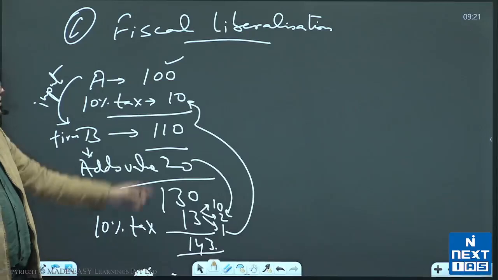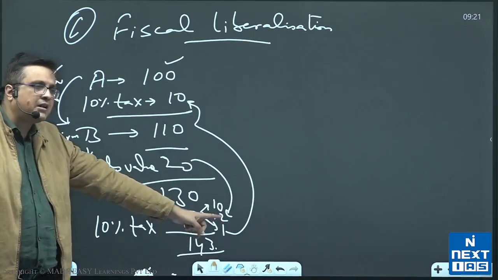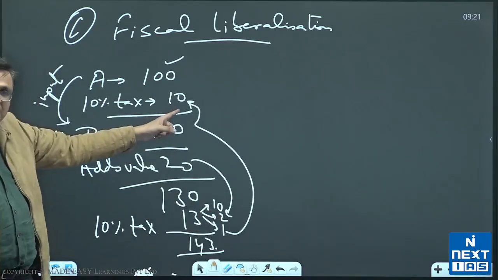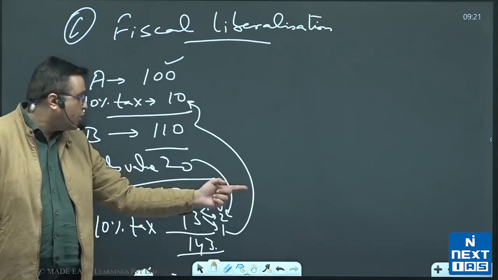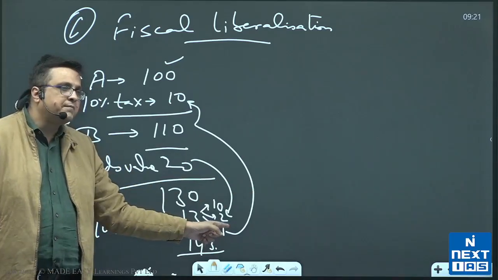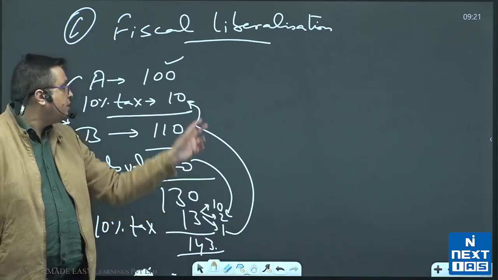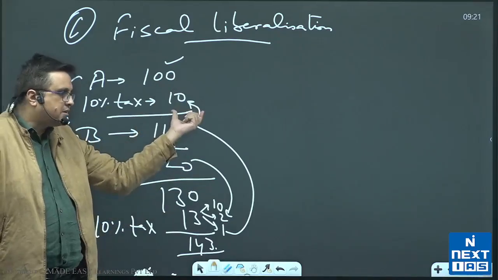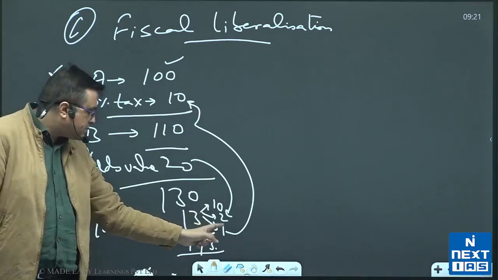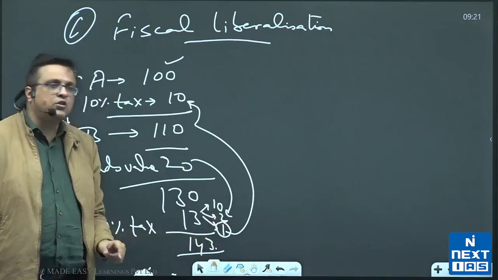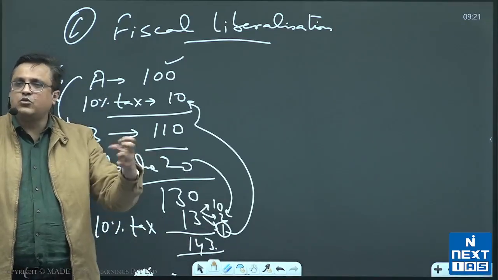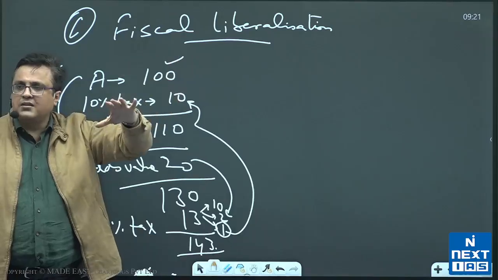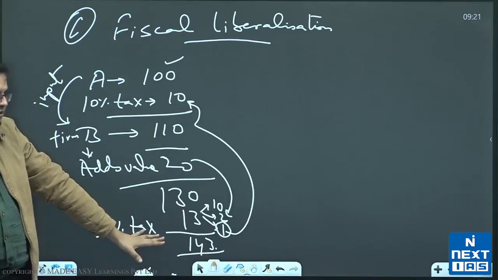On this 100 again 10 rupees tax was levied, and on the 10 rupees tax that was paid, 1 rupee tax had to be paid because 10% of it was also added, and 10% on this 20. So I'm adding 10% of this 100 again, this 10 and this 20. This tax on tax is what you call a cascading effect. That due to the tax you're paying more tax. Now imagine the consumer gets it for 143.